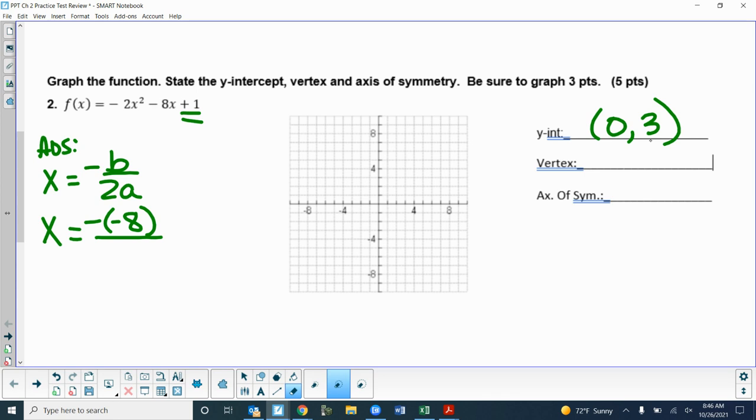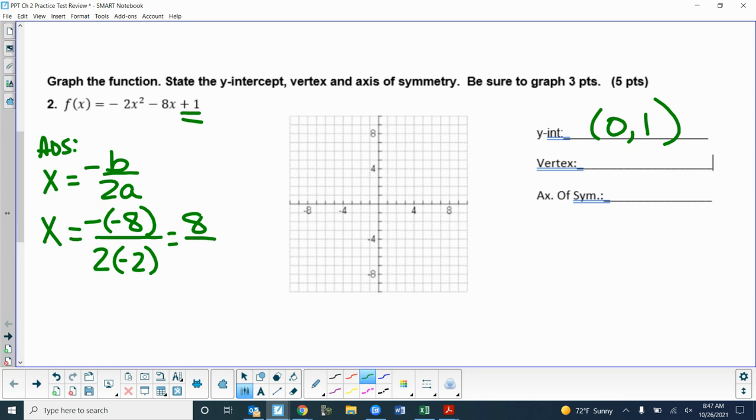All right, I'm just seeing if you guys were paying attention. I was just checking. I have no idea why I put 3. All right, sorry. And then 2 times what's a? Negative 2. So the 2 negatives up top make it positive 8.